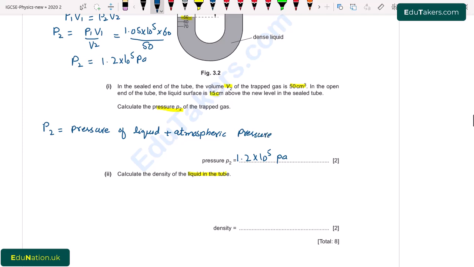We have already calculated P2, and we also know the value of atmospheric pressure. So the pressure of the liquid will be equal to P2 minus atmospheric pressure.